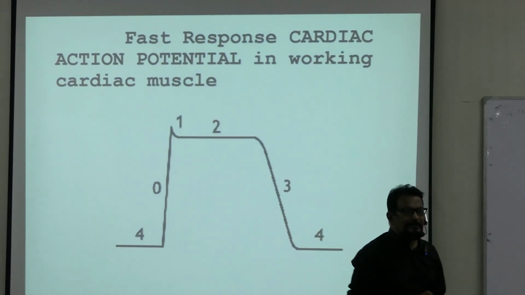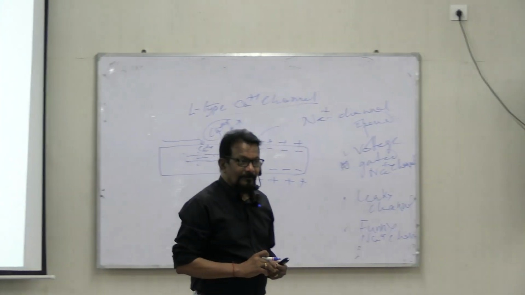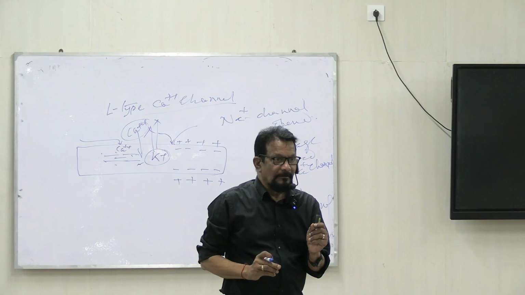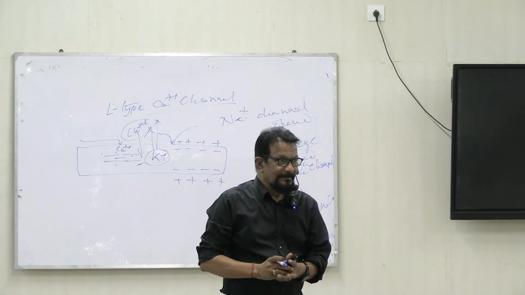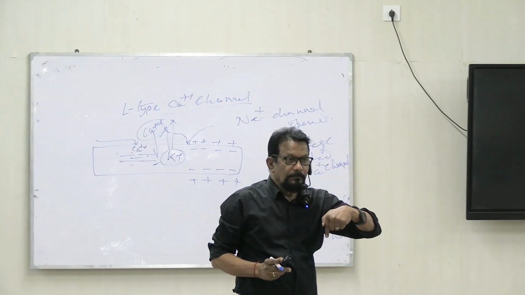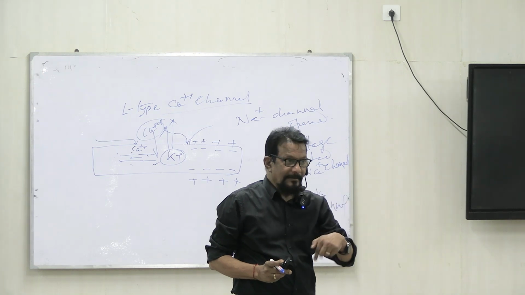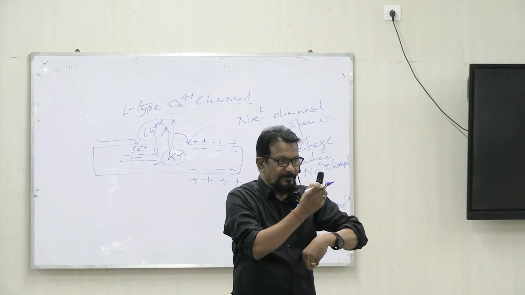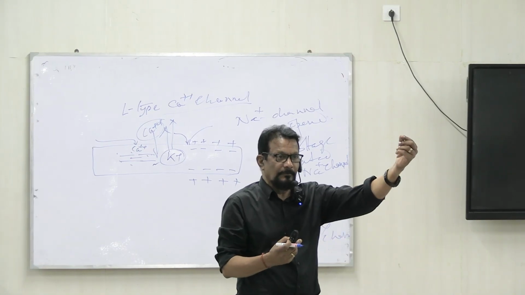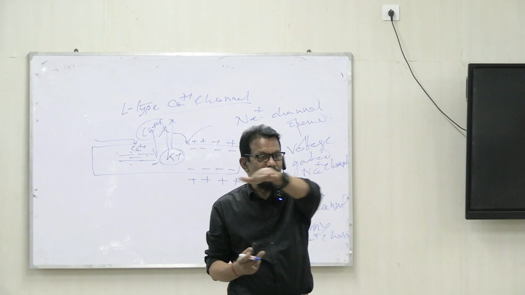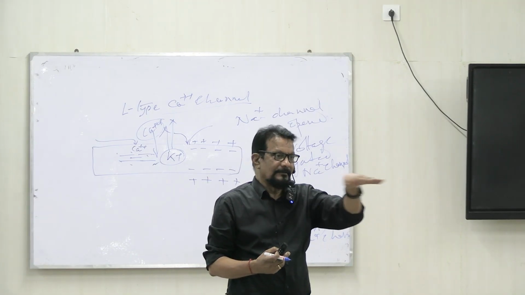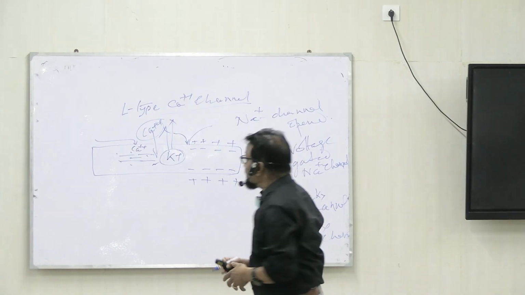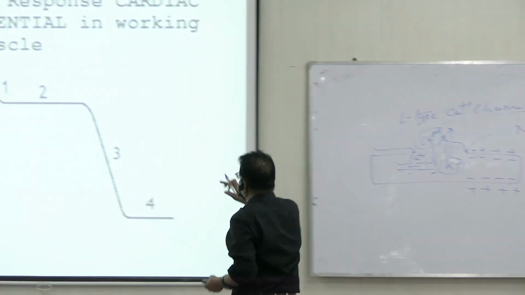So what is the reason of phase 2? What is the cause? What is the ionic basis? Entry of calcium ion and exit of potassium, and the rate of entry of calcium ion and rate of exit of potassium are the same. That's why the potential doesn't change.